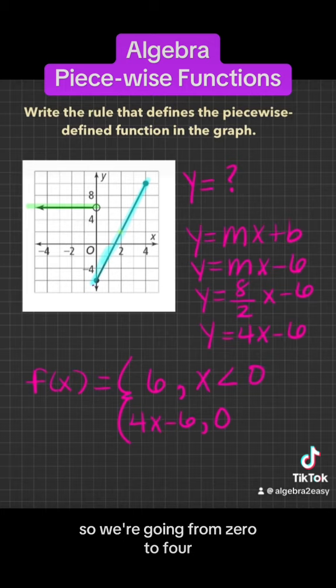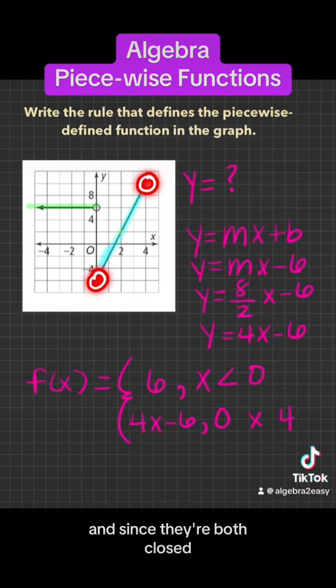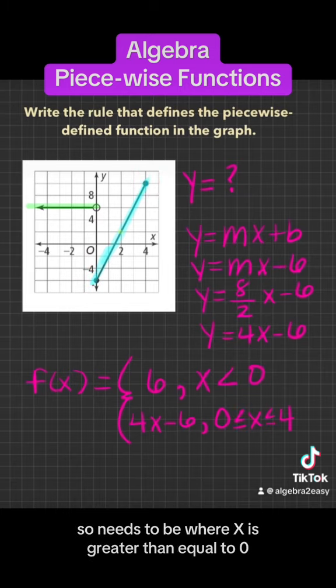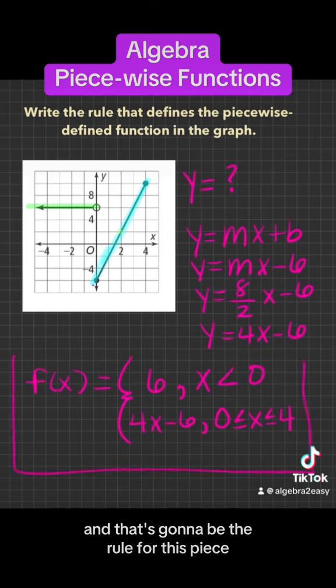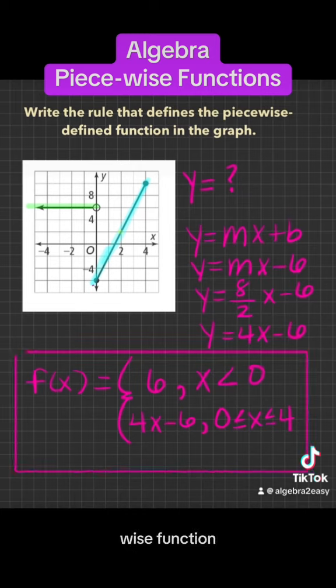So we're going from 0 to 4. Now notice the circles are both closed, and since they're both closed, make sure you put equal to. So it needs to be where x is greater than or equal to 0, but it's less than or equal to 4. And that's going to be the rule for this piecewise function.